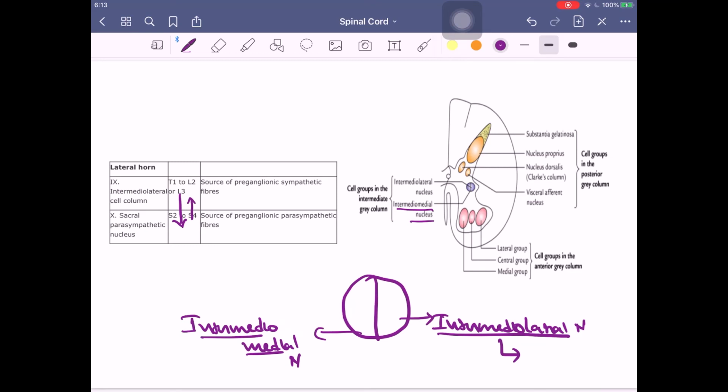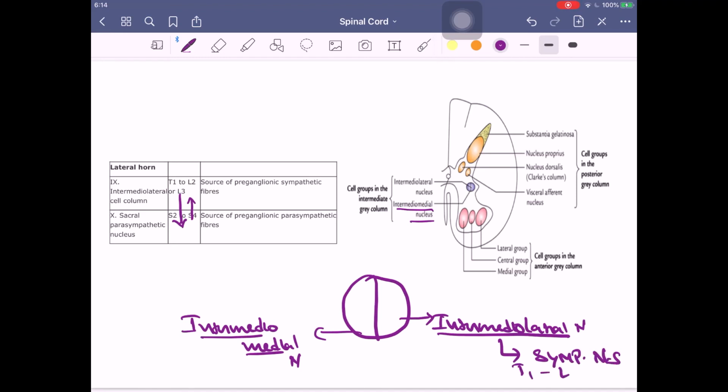Okay, so again let us clarify. The intermediate medial nucleus and intermediate lateral nucleus. Your T1 to L2, the preganglionic sympathetic nucleus, is T1 to L2 segment, the thoracolumbar, and that one is your intermedio lateral.